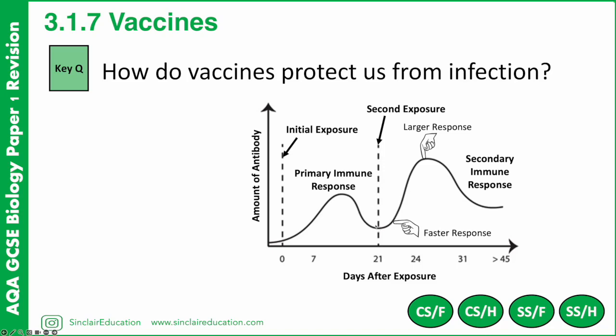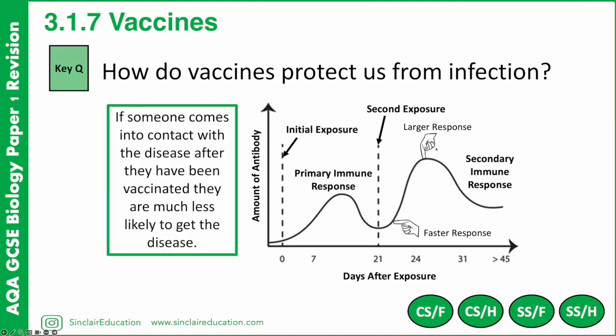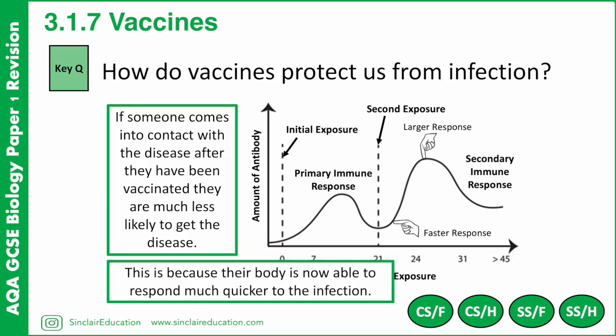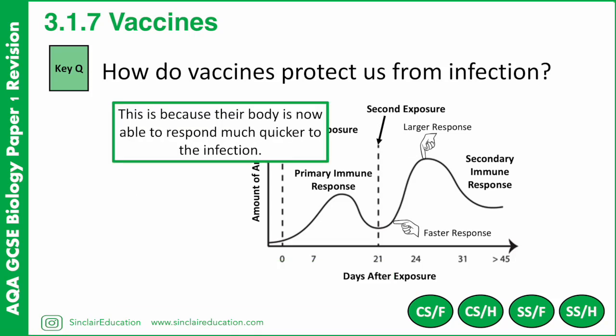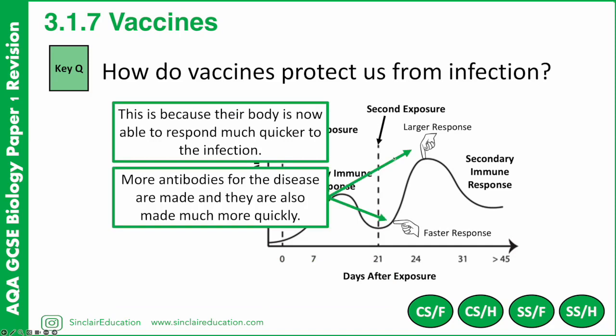So the delay in actually starting to make that antibody is less, and they'll make a much higher quantity of that antibody. As a result, that person is way less likely to become ill. And it's all down to the fact they're responding quicker and to a higher degree with that antibody production.